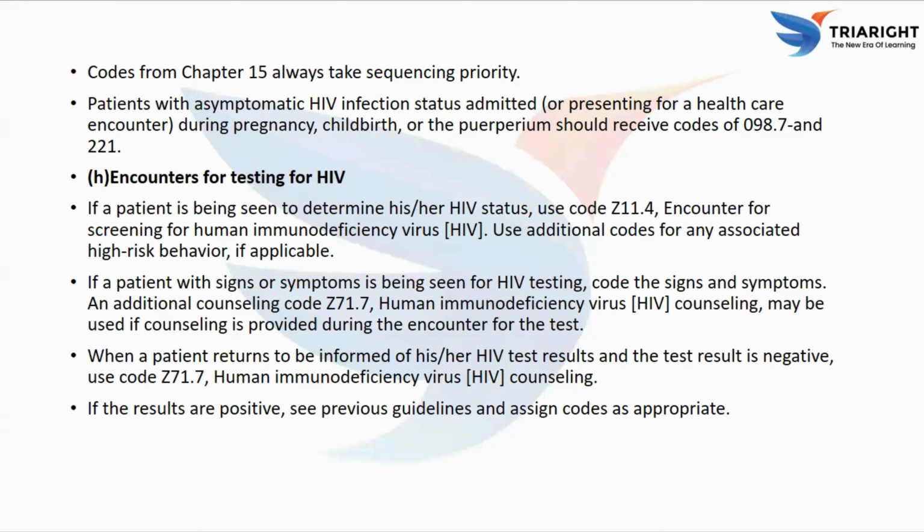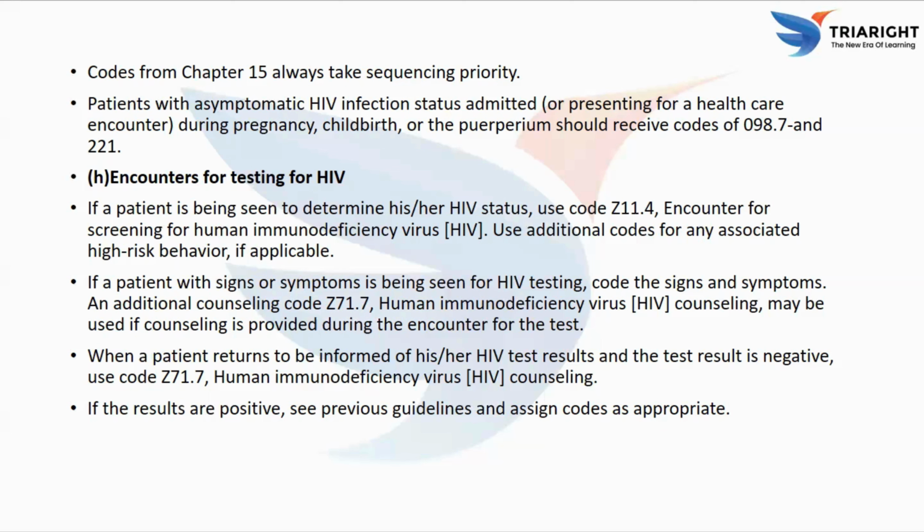You use this code whenever a patient is getting a routine test. There are no symptoms, no exposure and no diagnosis. It's a general routine test. You add additional codes if needed: for high risk behavior Z72.5, or for counseling Z71.7. For example, a patient wants HIV screening as part of a routine annual physical. You assign the code Z11.4.